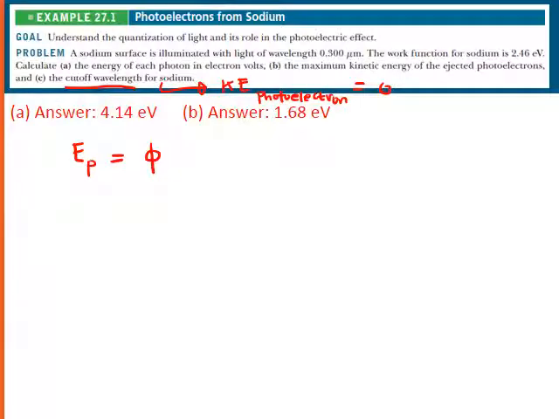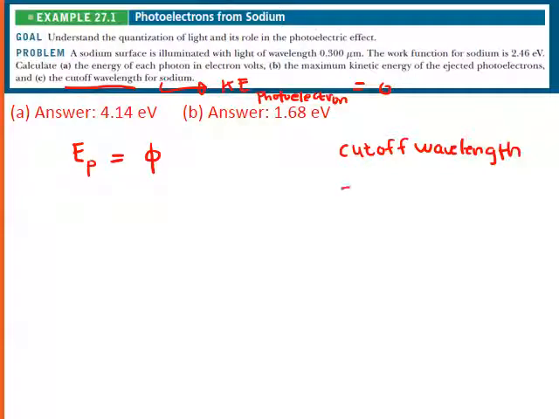So again, cutoff wavelength means that the kinetic energy of the photoelectron is 0. The electrons are just freed from the metal surface, but they are not moving. So it just breaks free from the metal surface, and therefore the kinetic energy is equal to 0. Another term for this situation is the threshold frequency.